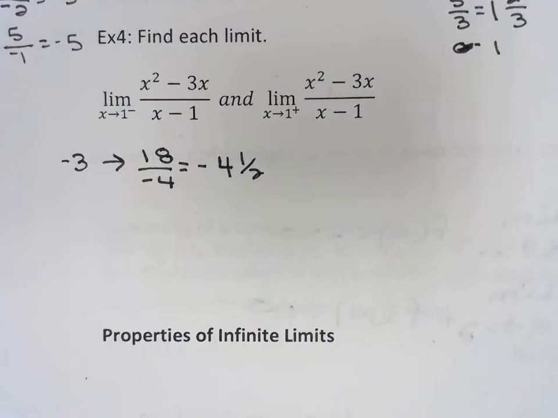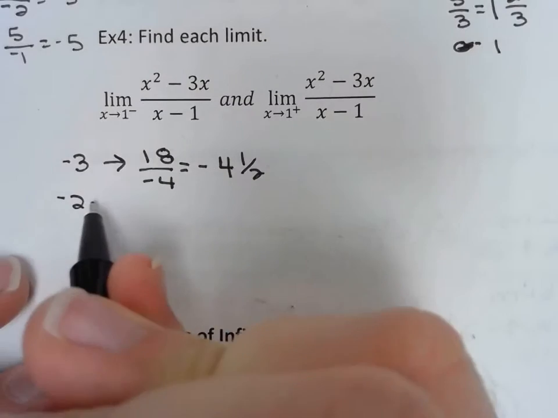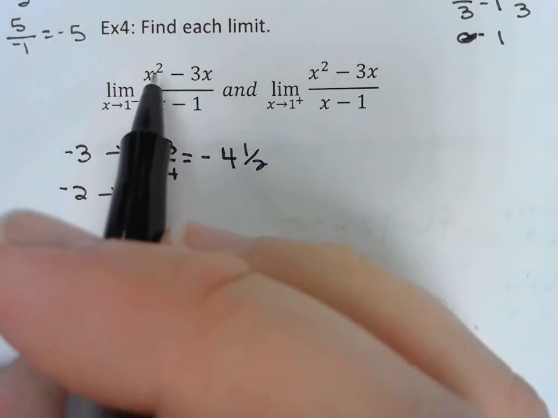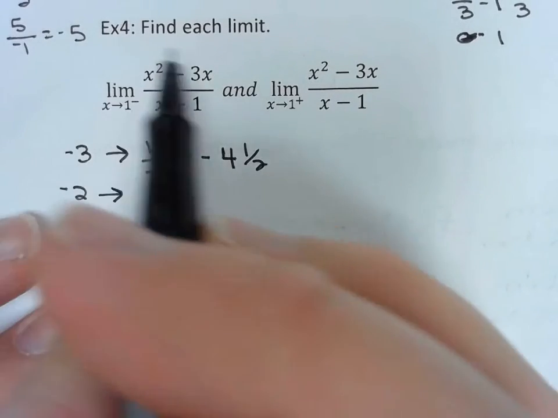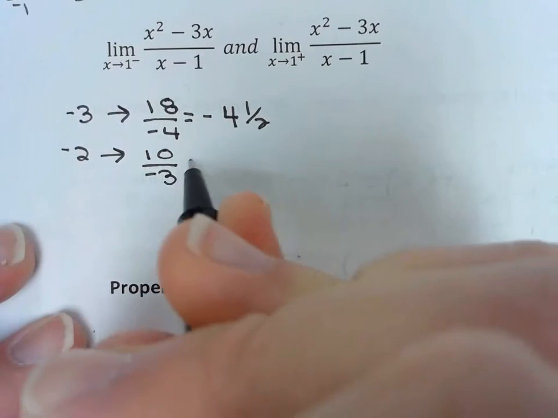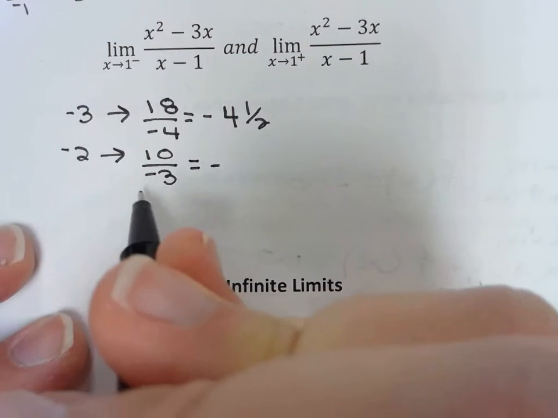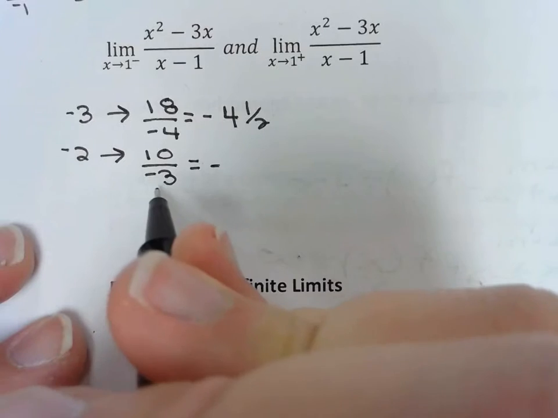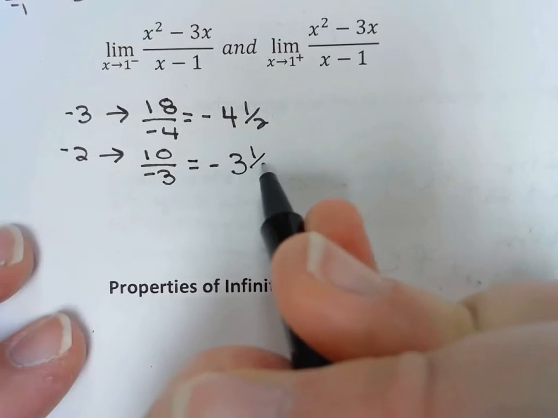I'm literally just plugging in points as I approach 1 from the left. Now let's plug in negative 2. That will give me 4 plus 6, so 10 over negative 3, or negative 3 1/3.